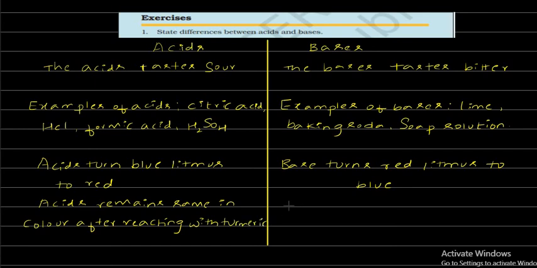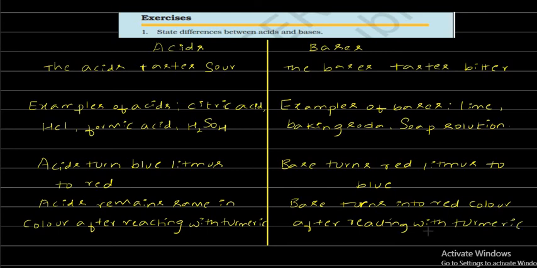Okay, and how the base will look? The base turns into red color after reacting with turmeric.